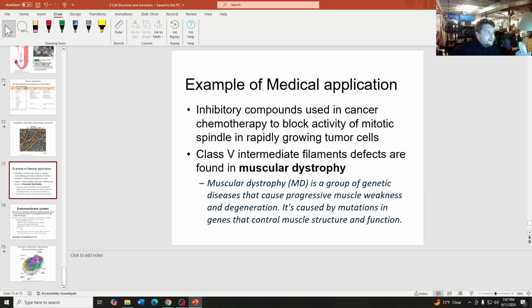Okay, so the example of medical application. Some inhibitory compounds used in cancer chemotherapy block activity of the mitotic spindle in rapidly growing tumor cells. Essentially, we'll see this more when we look at mitosis. Mitosis has a bunch of checkpoints within it to make sure that the cell should be dividing, that it's healthy enough to divide.